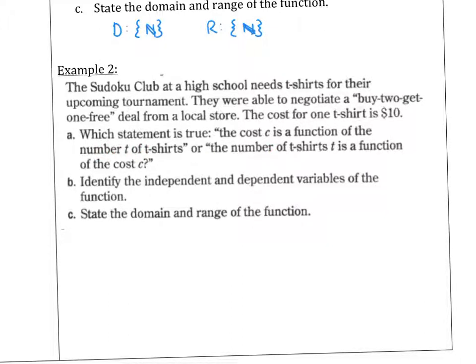What'd you guys come up with, Jekyll? Notice that if we change the scenario a bit, if I were buying T-shirts, I can only buy T-shirts in whole increments. 1 T-shirt, 2 T-shirts, 3 T-shirts, etc. If this were pounds of turkey, something like that, I'm going to buy a turkey and it's going to be $7.99 a pound.